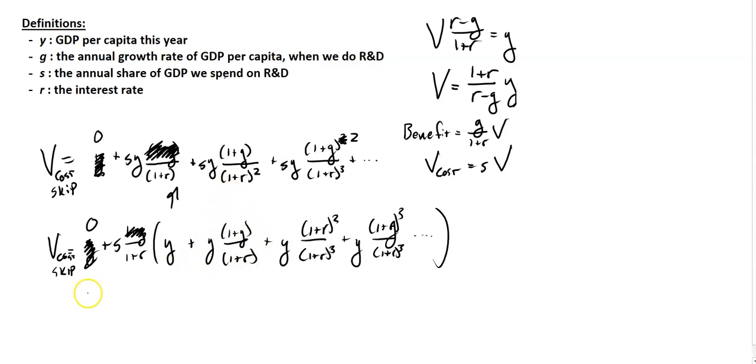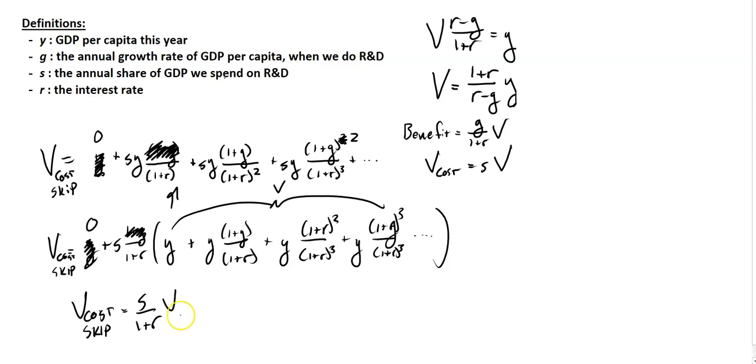We can rewrite this as follows. There's a little I in the word skip. So we have s divided by 1 plus r, and as we've discussed before, everything inside here is just V, the value of the status quo time path of GDP per capita. So the cost of skipping a year is s divided by 1 plus r times V.